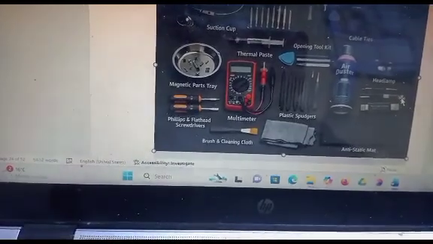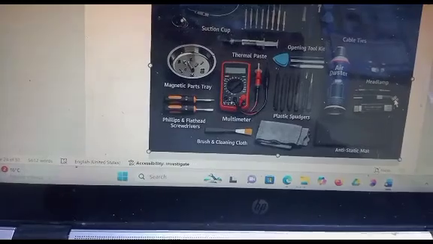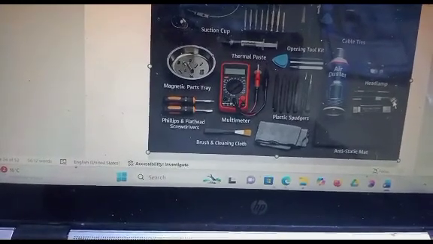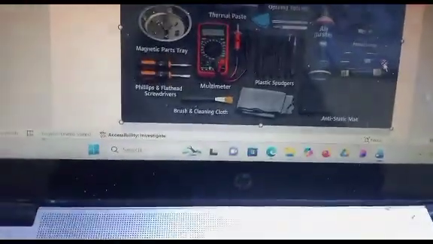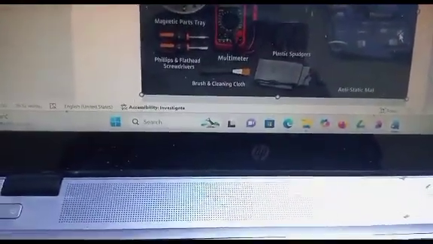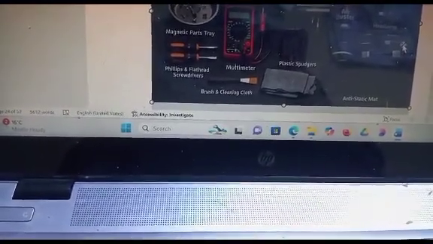Then we have the opening toolkit, spudger and pry tools. We have ESD tweezers. We have a magnetic parts tray. We have the Phillips and flat screwdrivers.